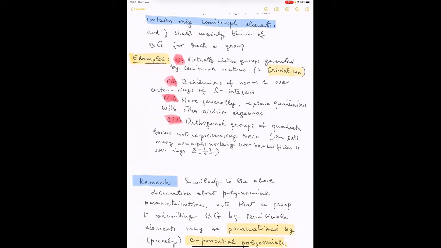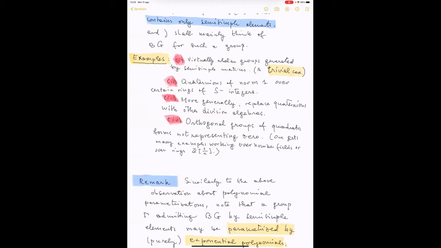So let me give some examples. A trivial case is the virtually abelian groups finitely generated by semi-simple matrices. That, of course, is an anisotropic group, and if it is finitely generated, it is boundedly generated. Then other less trivial examples, definitely non-trivial, are, for instance, quaternions of norm 1 over certain rings of S-integers.